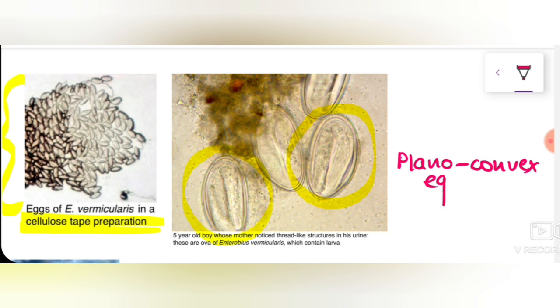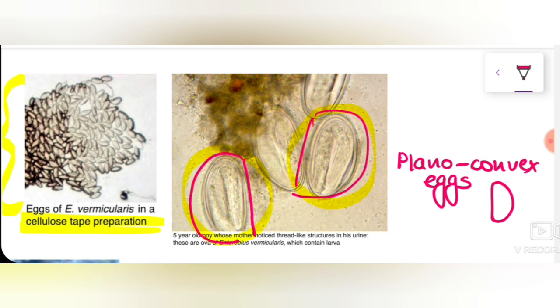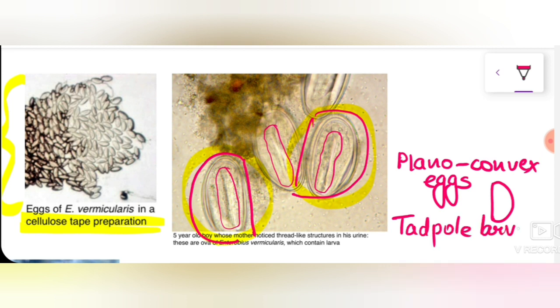They look like this. Inside them, do you see this line-like structure? Yes, this is the tadpole larva.